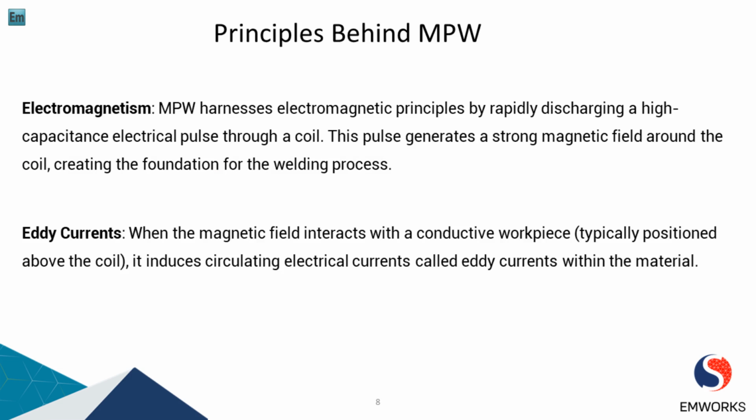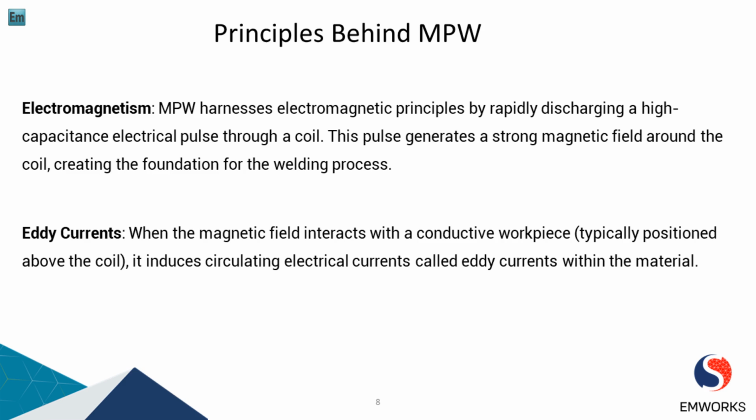So now let's dive into the intriguing working principle of magnetic pulse welding. The process harnesses electromagnetic principles by rapidly discharging a high capacitance electrical pulse through a coil. This pulse generates a robust magnetic field around the coil, setting the stage for the welding process.